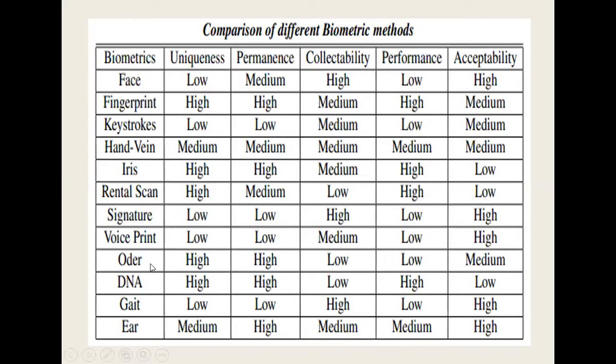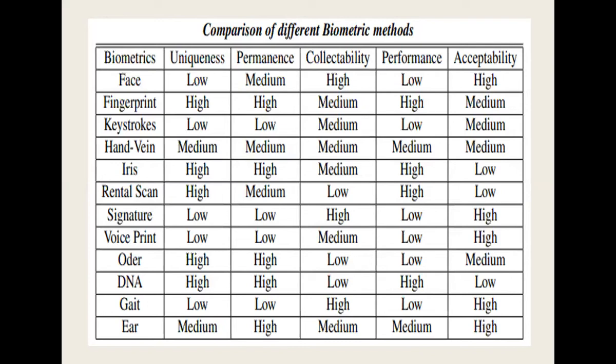But which one is better in terms of uniquely identifying a given person, in terms of permanency of that object features from time to time? Once we extract the feature of a given person, maybe facial expression or fingerprint or signature or iris, how long that feature will be static for representing that object?